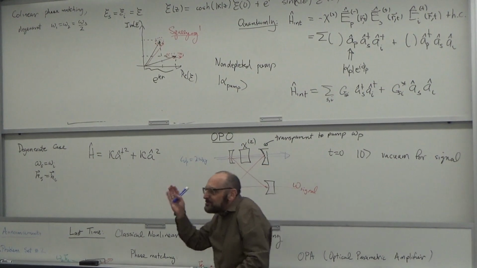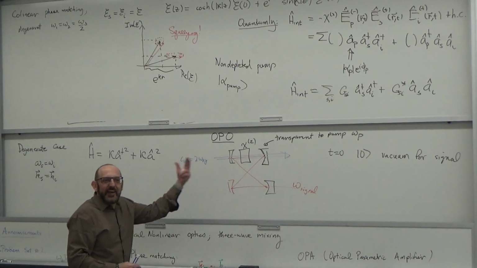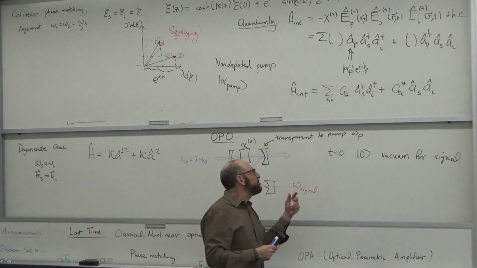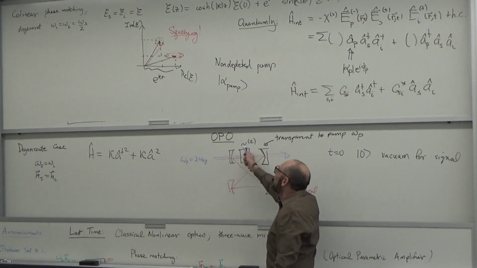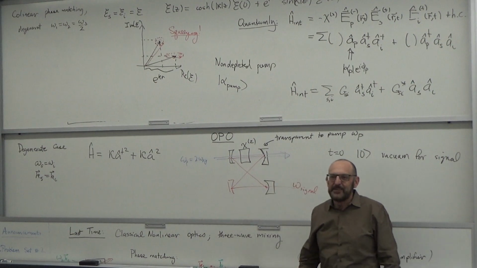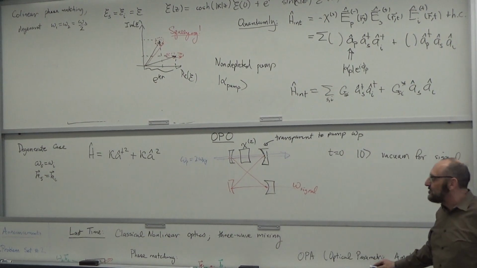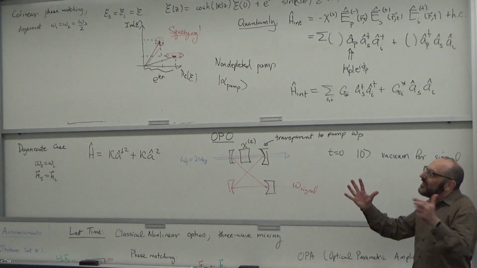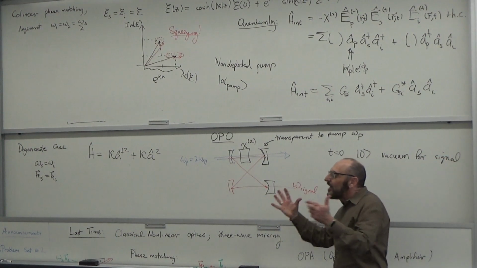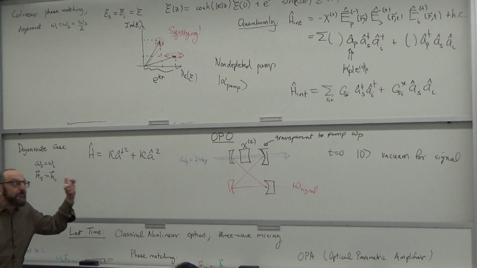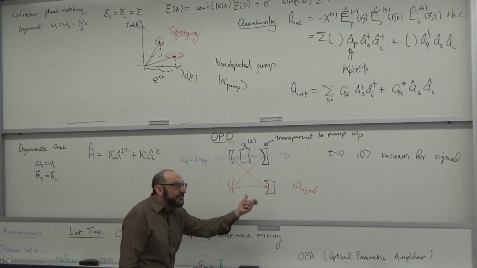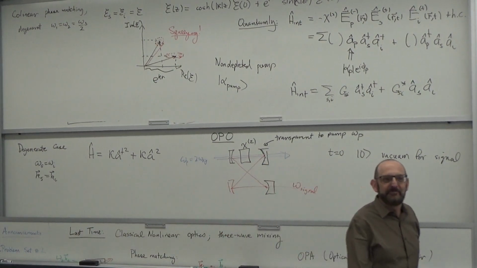So I'm not moving the mirror, I'm just changing the optical path length because the optical path length of the red light is affected by the blue light through the nonlinear mixing. So all I'm doing is effectively changing the length of my oscillator at twice the resonance frequency, and I get parametric amplification. And I parametrically amplify the vacuum fluctuations.